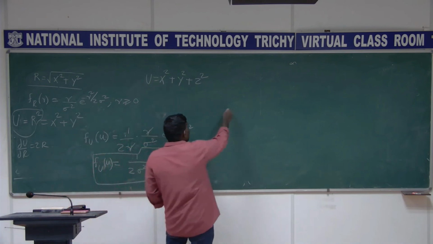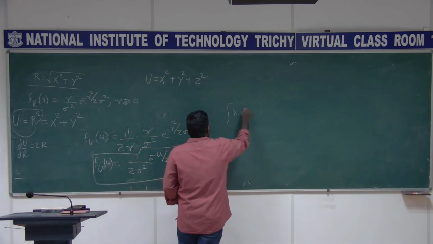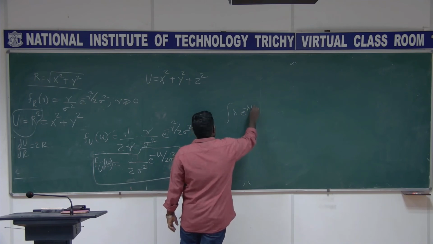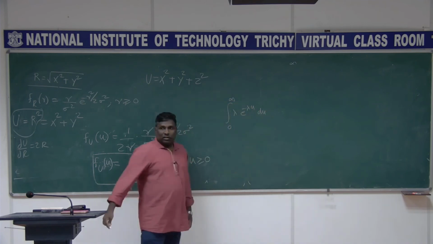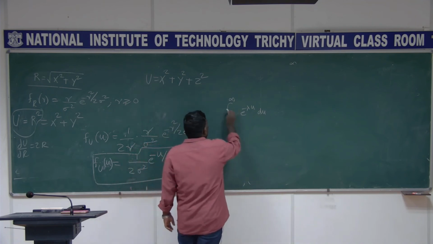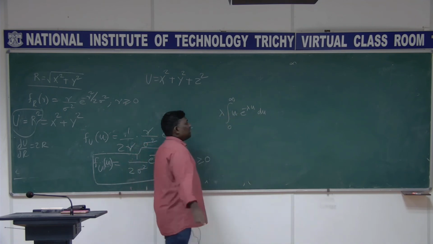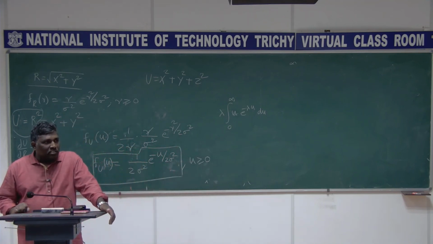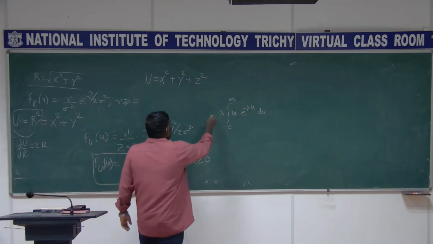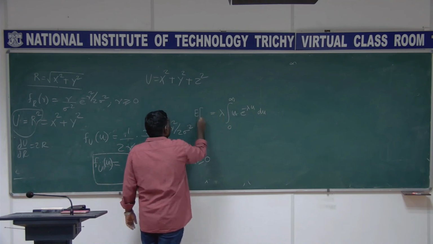So what do you get here? Lambda e power minus lambda u du, 0 to infinity. This integral of the density becomes 1, and here you are multiplying with u. This is the expectation of U. This is the mean.